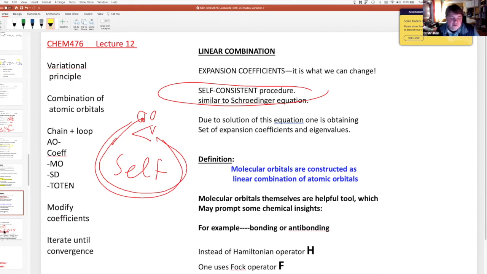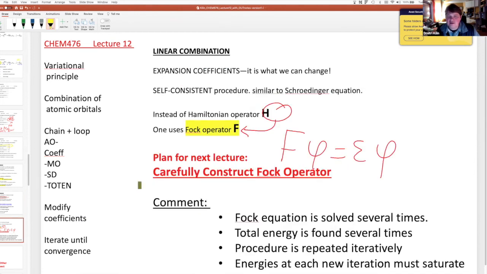In order to implement it, in order to find orbitals, we will need to find the Fock operator and solve the one electron Fock equation. So this letter F and this one electron Fock equation is the stuff that we were going over in the first 15 minutes of today's lecture.